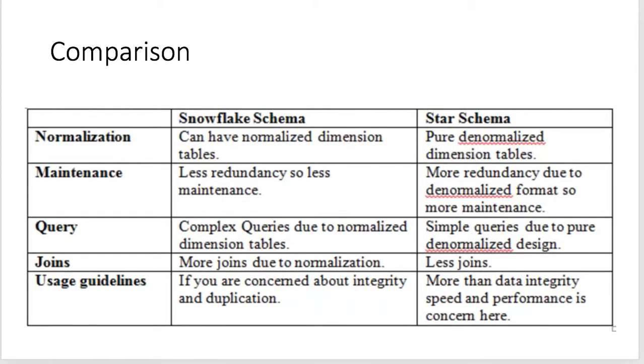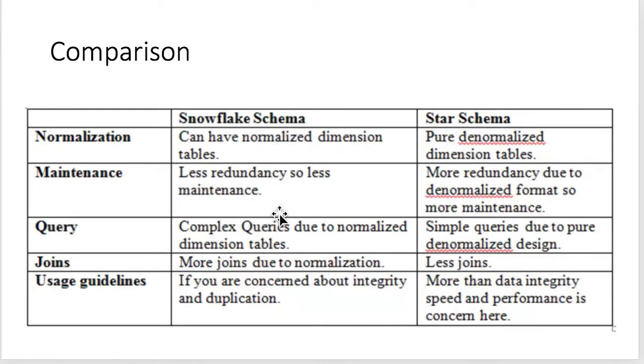Okay, let's do a comparison between star schema and snowflake schema. The snowflake schema could have normalized dimension tables, but the star schema only allows pure denormalized dimension tables.